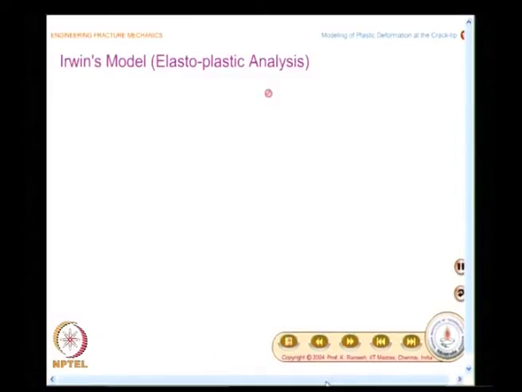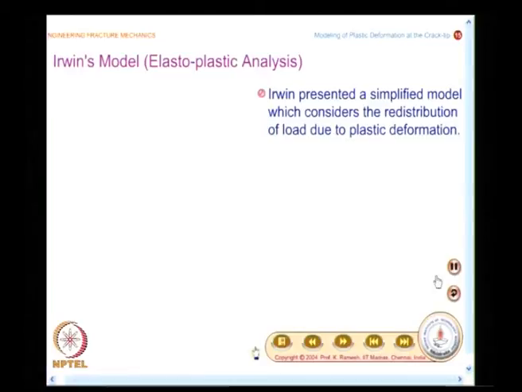And what is it Irwin has done in his analysis? You have to look at the animation very carefully, and this is considered as elastoplastic analysis, because we do some kind of redistribution of load, and he definitely presented a simplified model which considers the redistribution of load due to plastic deformation.